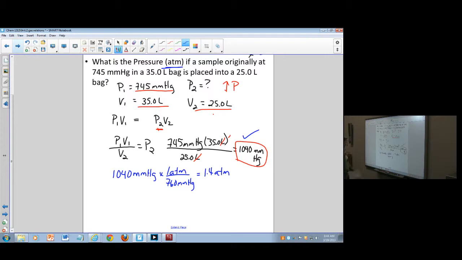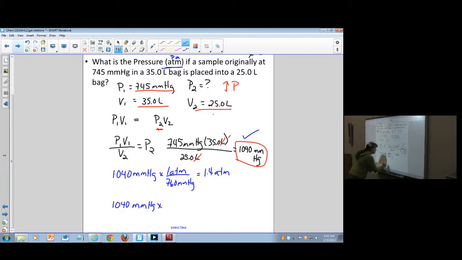What if I want to make your life more difficult, and instead I ask for the pressure in pascals? So instead of being in atmospheres, I ask for this in pascals. I've got to get from a millimeter of mercury to a pascal, and that's not nearly as pretty or easy as this atmosphere business.